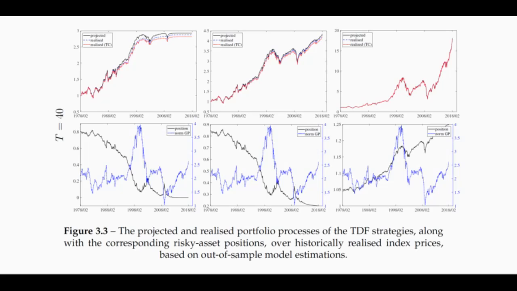For the third investor with risk aversion coefficient 0.8, he's more risk-seeking than a log investor. So as you can see, his risky asset allocation actually increases over time.